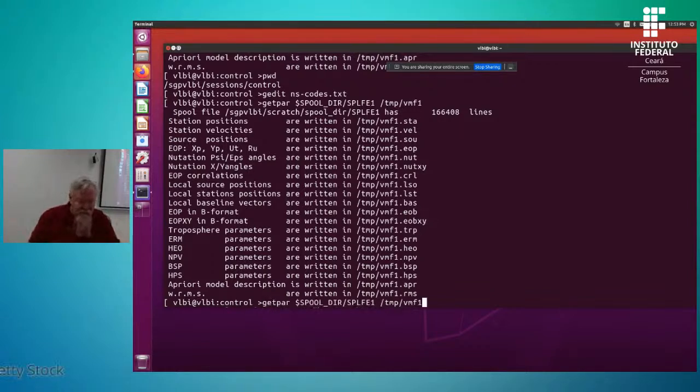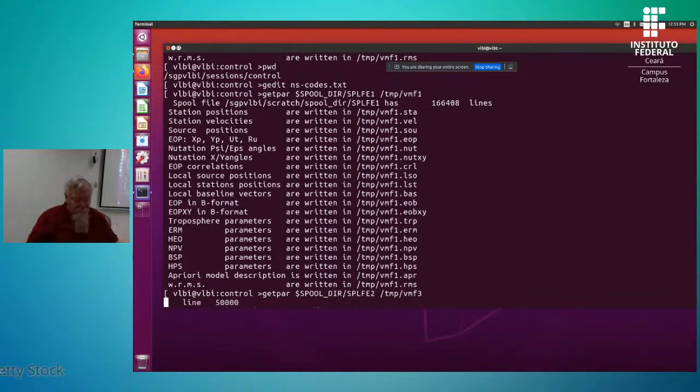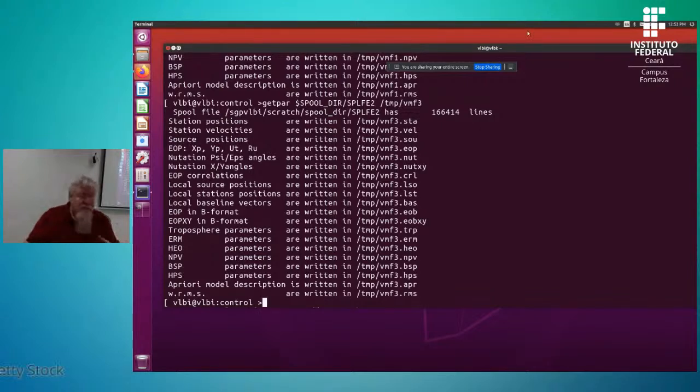Now we're going to do the same thing, but we're going to type SPLF E2 into VMF3, /temp VMF3. Done. So this has put all of these files in this temp directory. Now we're going to compute the baseline repeatability and put it there. So we type base rep x /temp.